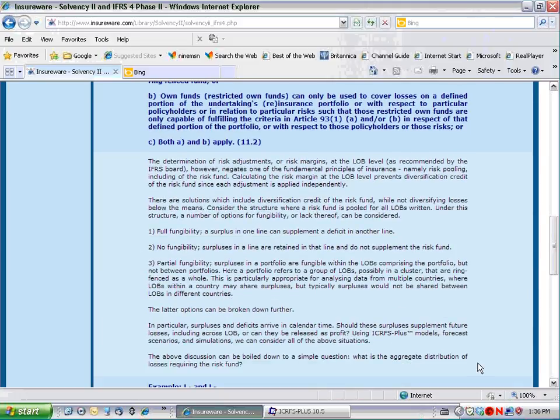That's the standard approach. We call that full fungibility. A surplus in one line can be used to supplement a deficit, a loss exceeding the mean, in another line.